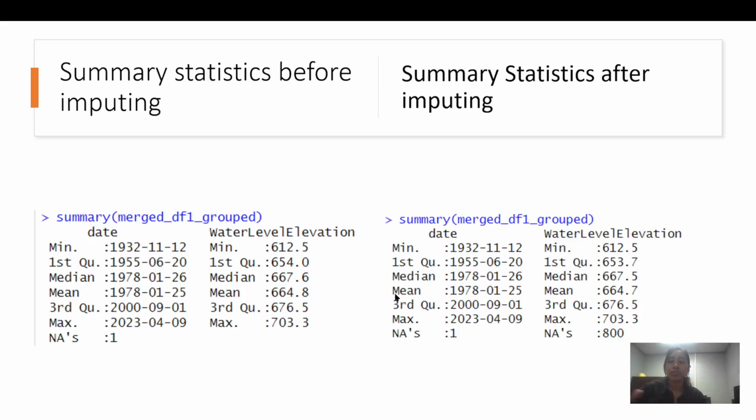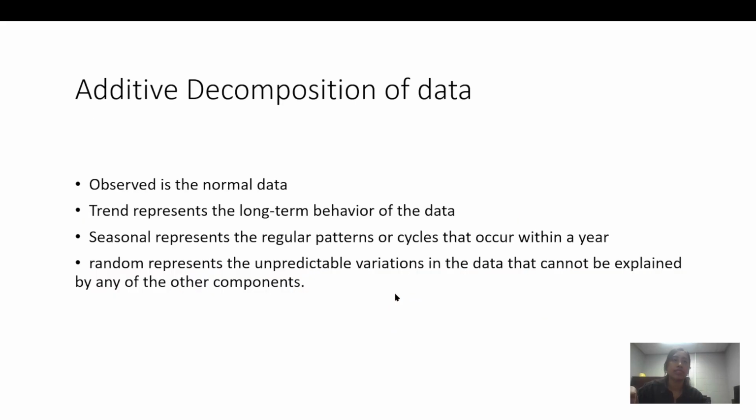Now next, the additive decomposition of data is done. In decomposition, the data is split into four types. The first one is the normal data that we saw before, and the second one is the trend, which shows the long-term behavior of the data.